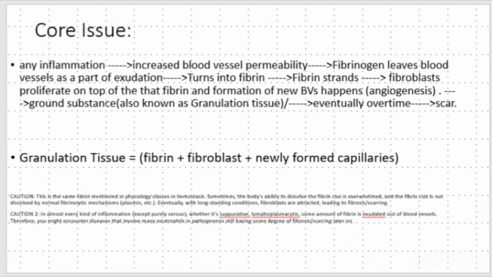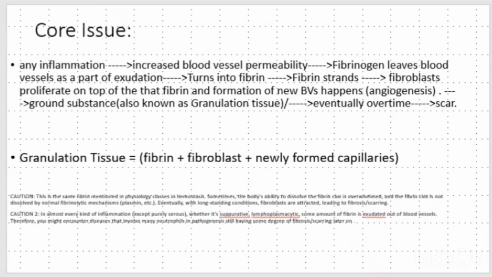And as a result of some complex cytokines, there is formation of new blood vessels. And this leads to formation of something which we call granulation tissue, which the professors love asking what it is and what it is made up of.